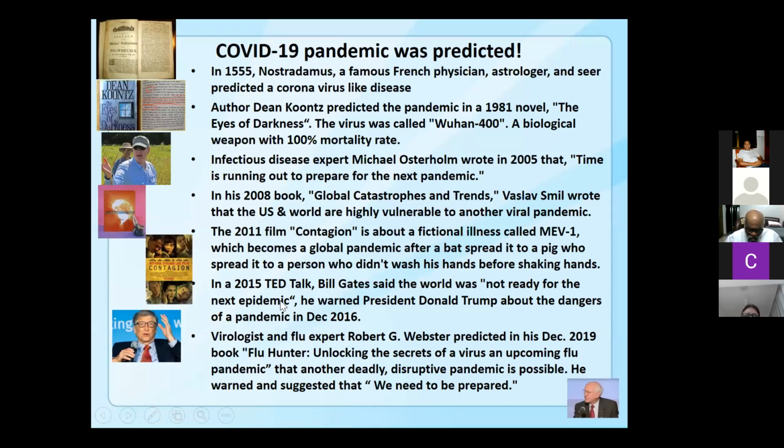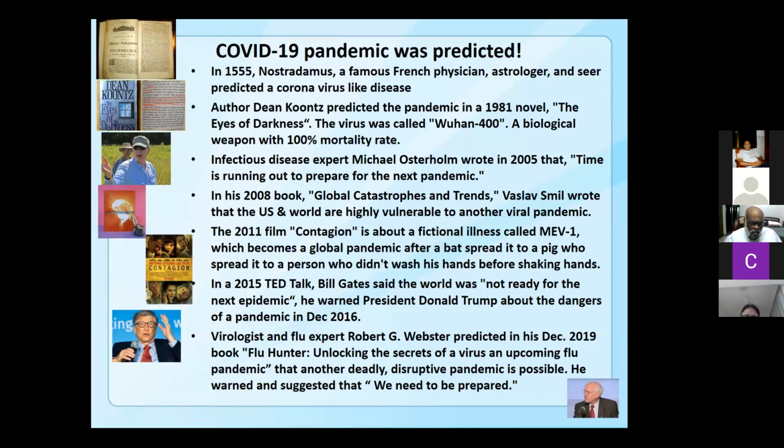In his 2015 TED Talk, Bill Gates said the world was not ready for the next epidemic. He warned President Donald Trump about the dangers of a pandemic way back in December 2016. Like many other things, Donald Trump didn't care two hoots.